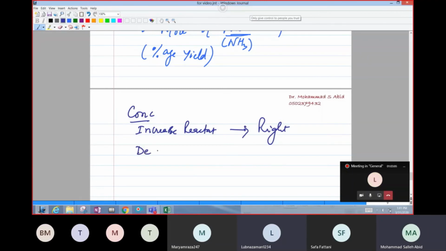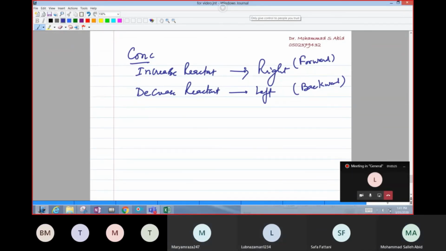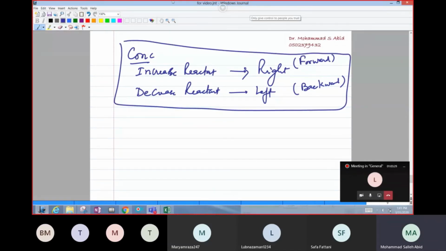If you decrease the reactants, that is what I was just explaining in detail, then it prefers the left. Right means forward and left means backward. Clear? Yes. So that is how you can remember that. This is the way to remember what happens when you change the concentration.